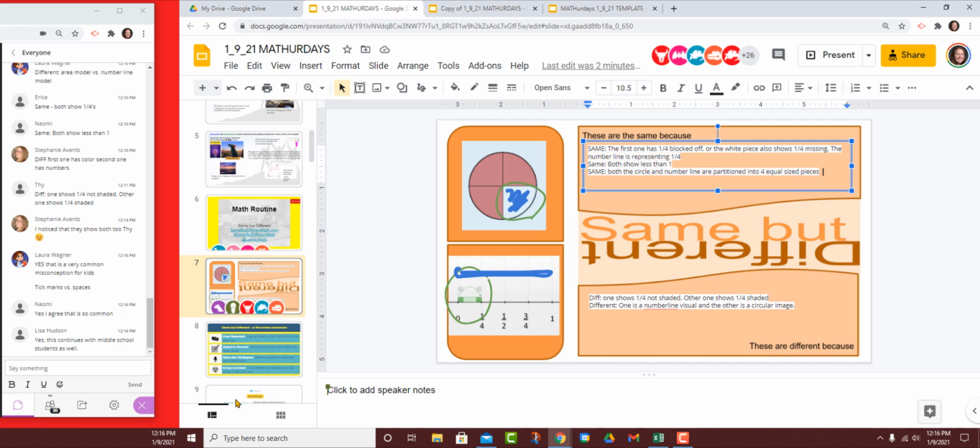And then, just as a heads up, I'd love to hear if one of your same or difference were mentioned today, would you go ahead and put an emoji in the chat box? I want to see who felt like they were seen and heard today.